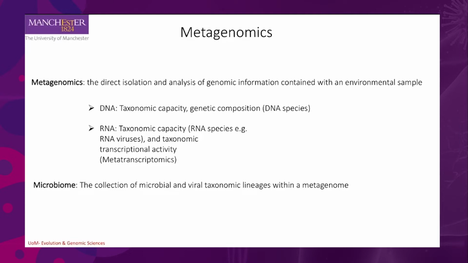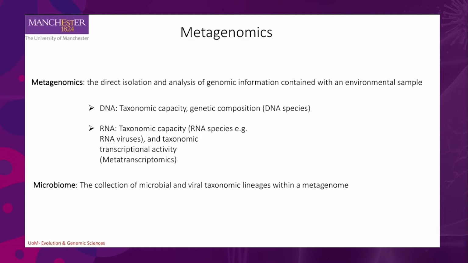So our aim is to analyze directly the genomes that are present in the tissue that we're interested in, and in Cure, of course, this is the nasopharynx. So generally talking, metagenomics is the direct isolation and analysis of genomic information contained in an environmental sample. So this can be in the environment, but also can be a certain tissue in the human body.